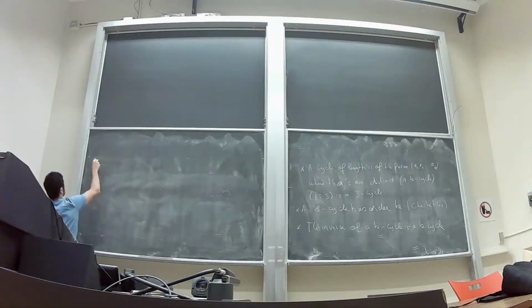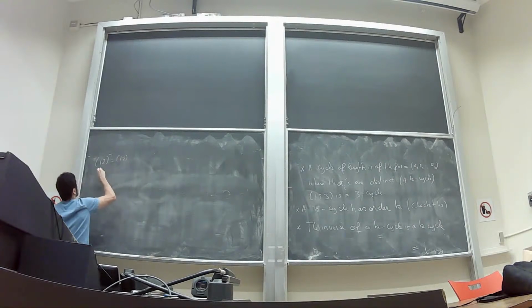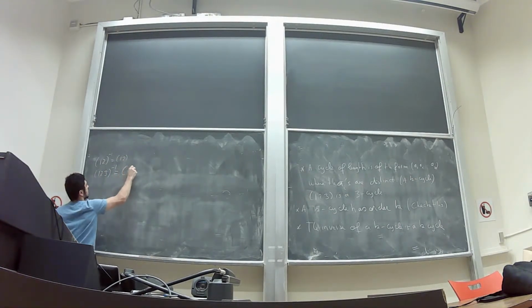Basically, if you want the inverse of, say, (1 2), the inverse is just (1 2). The inverse of (1 2 3) is just (1 3 2), right?